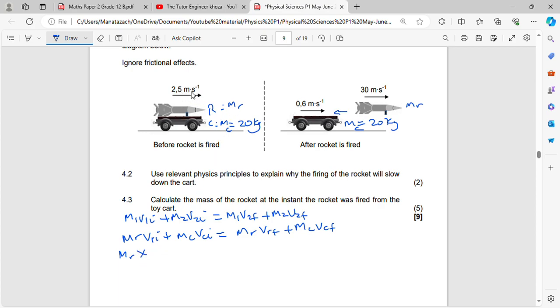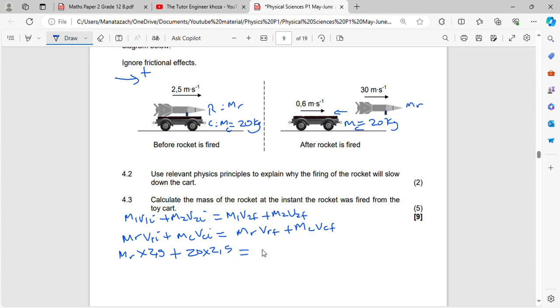Initially the rocket was moving at 2.5 meters per second in the positive direction. Remember, this direction we'll choose as positive, so everything to the right is positive and vice versa, to the left it's negative. So that will be plus the mass of the cart, I know that is 20. It's also moving at the same speed, 2.5.